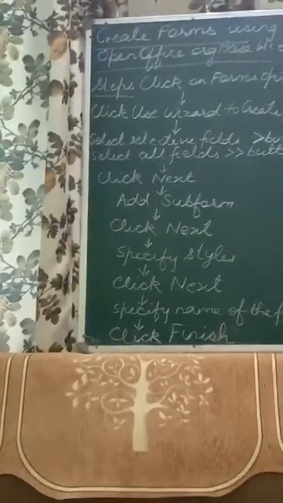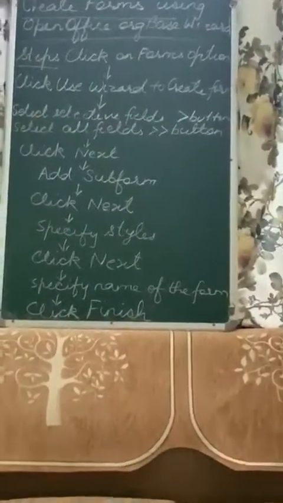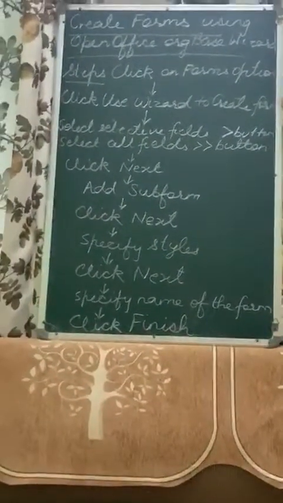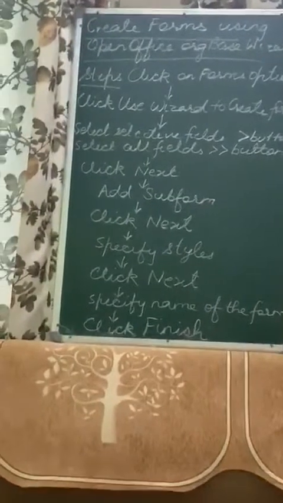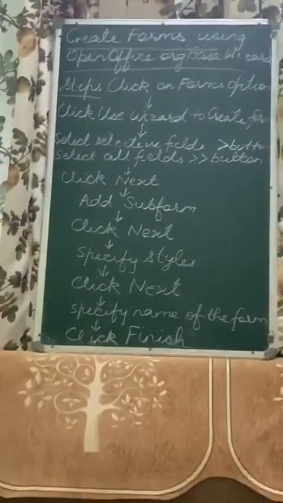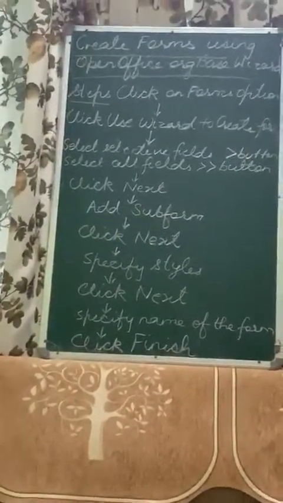So you can add new records to the table. Similarly, you can add new records to the form by clicking on the symbol located at the bottom of the window. So children, these are the steps on how you can create a form.